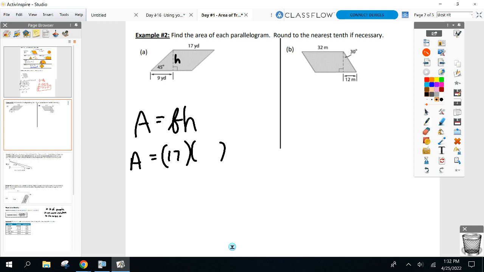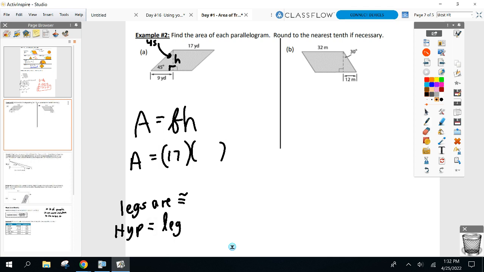The height is part of a 45-45-90 triangle. So let's review the rules here. What do you know about the sides across from the 45s? They're congruent. So legs are congruent. And I'm just writing this down to remind people. Legs are congruent. And then anybody remember how to find the hypotenuse?